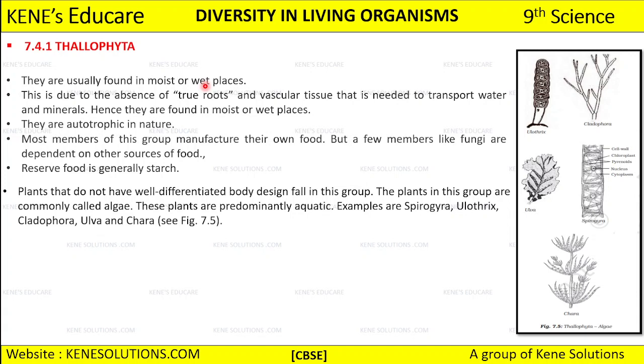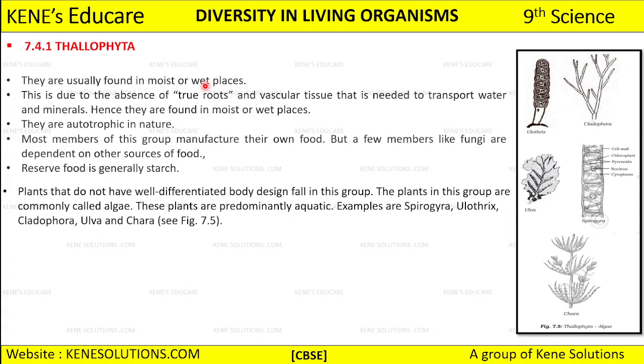Because they don't have true roots, leaves and vascular tissue, that is the xylem and phloem, which is needed for transporting water, food materials as well as minerals to the plant. There is absence of this vascular tissue here, and hence they are found in moist or wet places, because they do not have xylem and phloem to transport their food, water and minerals.